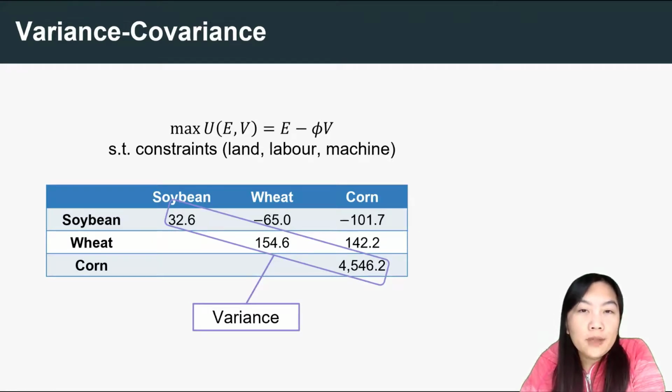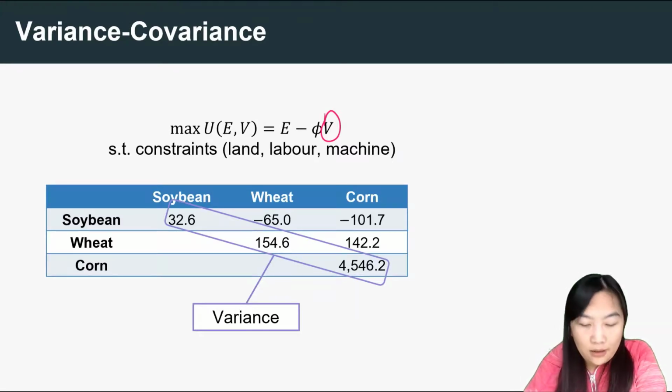So again, here we're looking at this V, and again, V here is not just variance. It's a variance-covariance table, and when I and J are equal to each other, then it's variance. If they're not equal, then it's covariance.